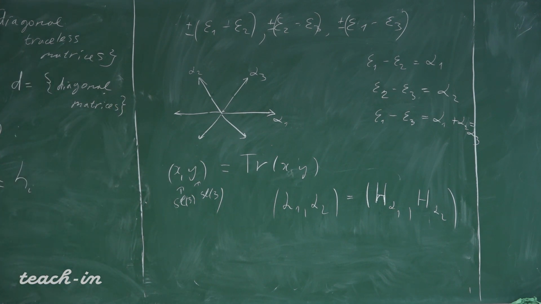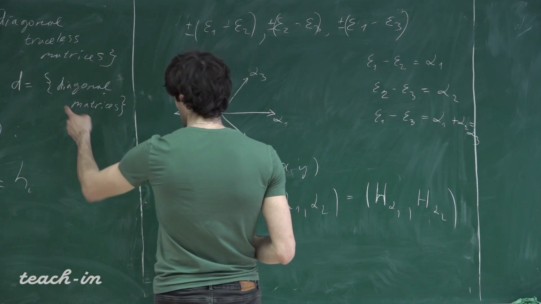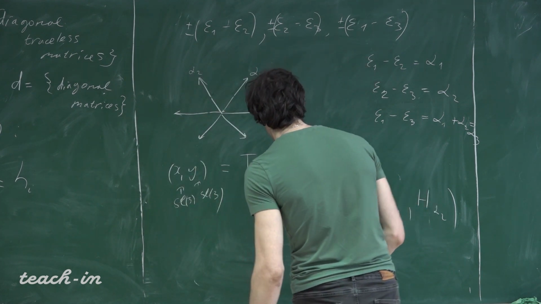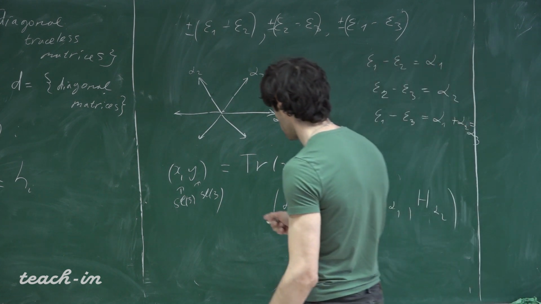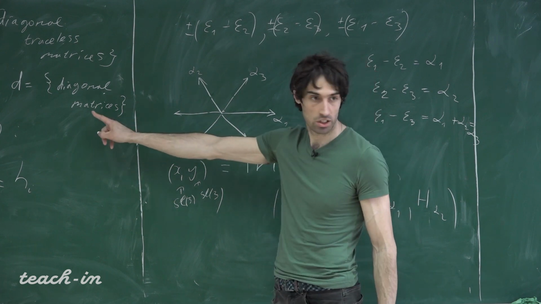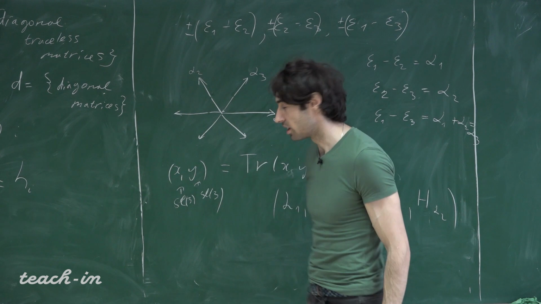Then this trace form is still non-degenerate on D, not only on H, but on D as well, right?